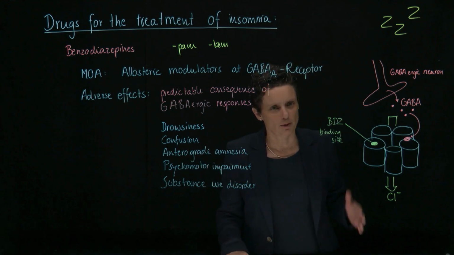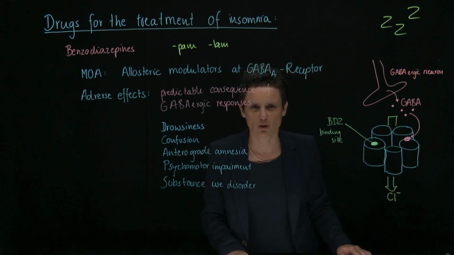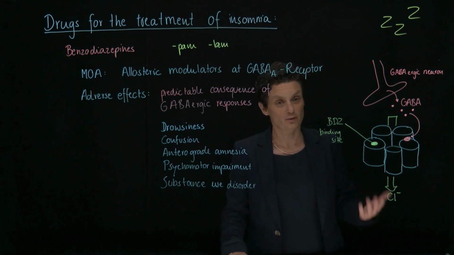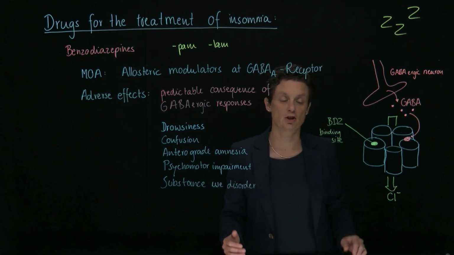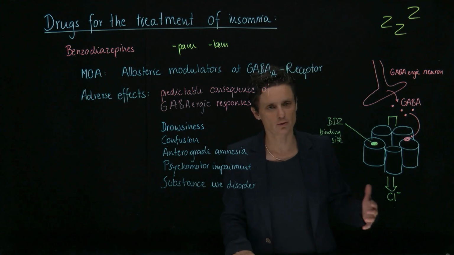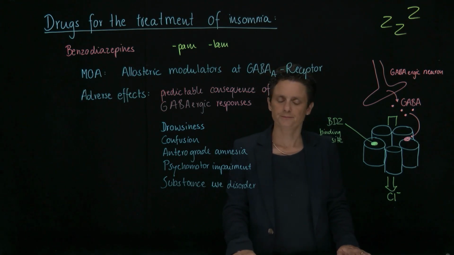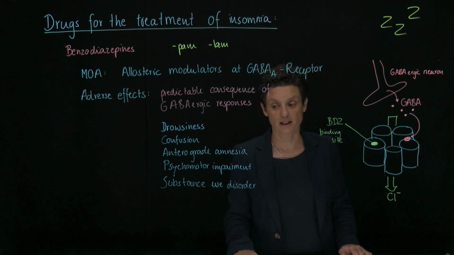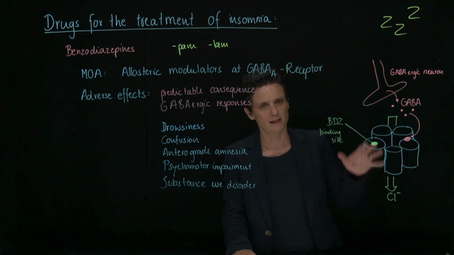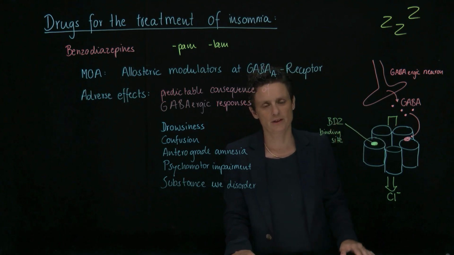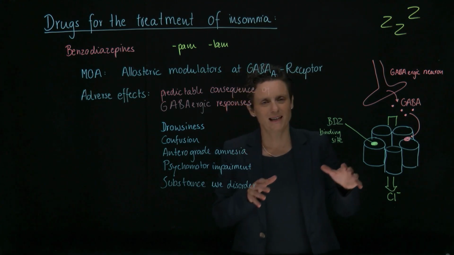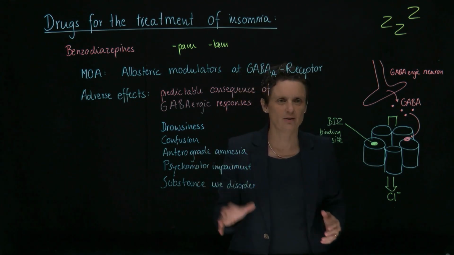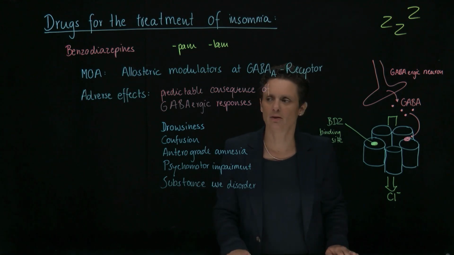That means once we have taken this drug, we cannot remember things as well. Psychomotor impairment means just a slowing of thoughts and also movements. And then there's obviously the risk of substance use disorder. This is the same receptor, the GABA-A receptor, that alcohol also works on. So this is a similar scenario to when we are using alcohol.